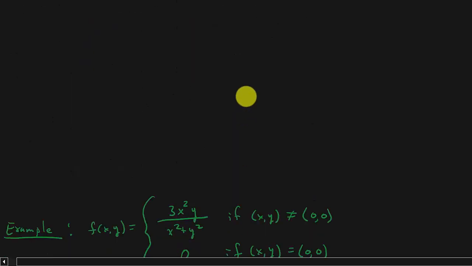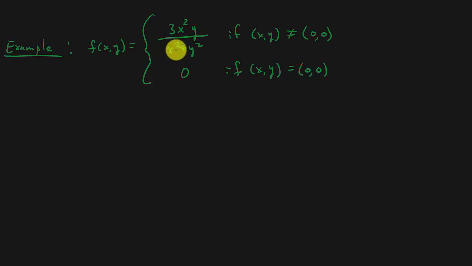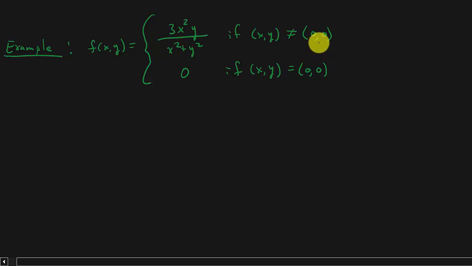All right, so now let's look at the next one. This problem here may look familiar to you. Well, this part of it, 3x squared y over (x squared plus y squared). Remember earlier we just worked a problem where we did the limit of this as (x, y) goes to (0, 0). We used the definition, and we showed that the limit of this as (x, y) goes to (0, 0) is equal to 0, right?